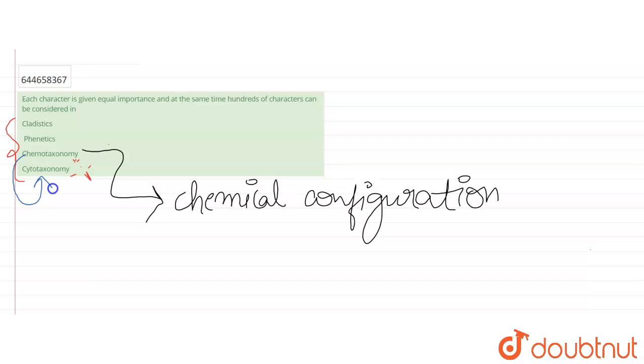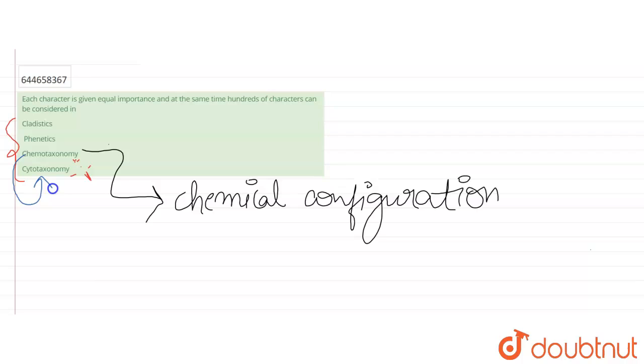In cytotaxonomy, we were talking about cellular systems, that is the number of chromosomes and different enzymes present, the structure and behavior too of these different enzymes present in the cell, and then we were able to classify them.